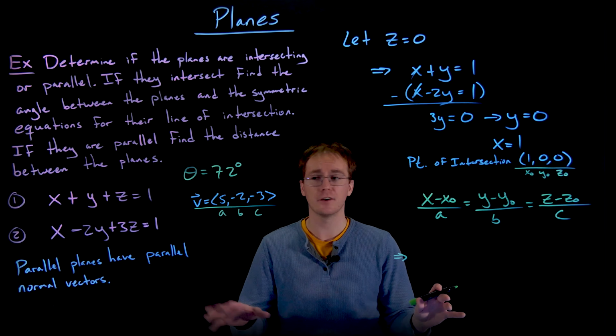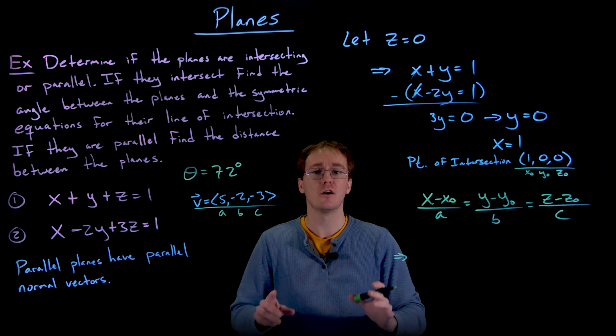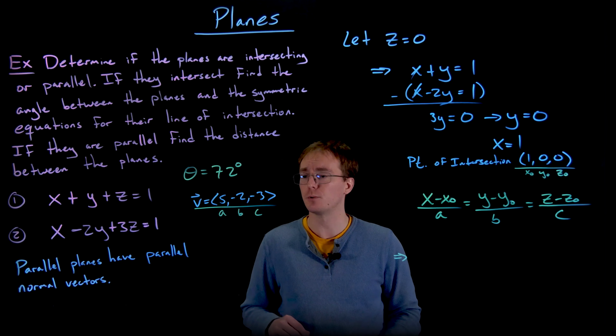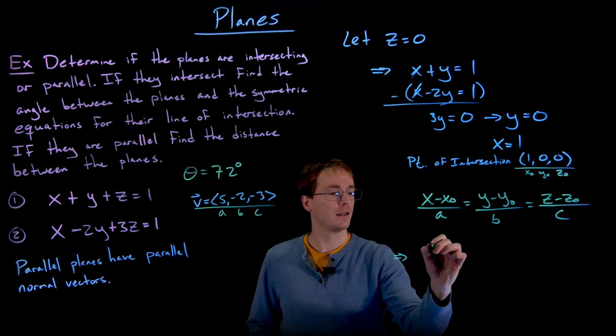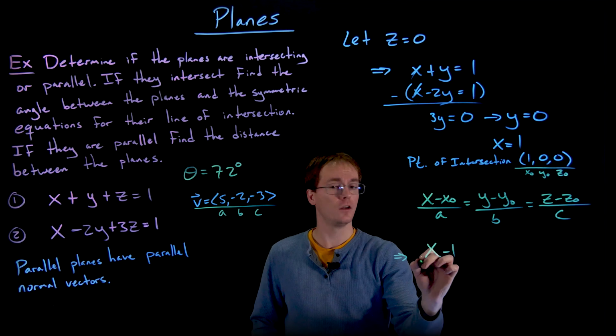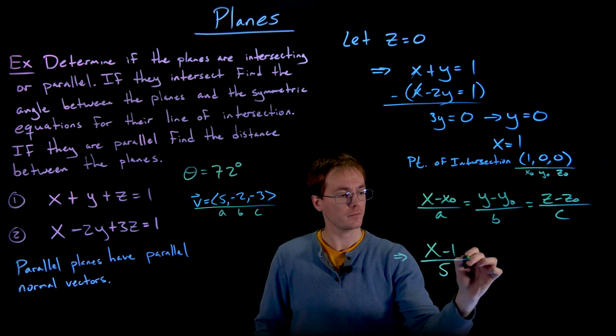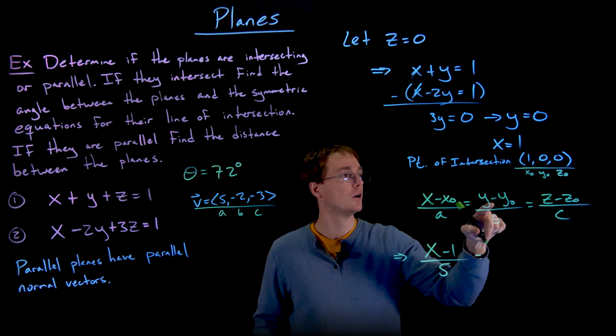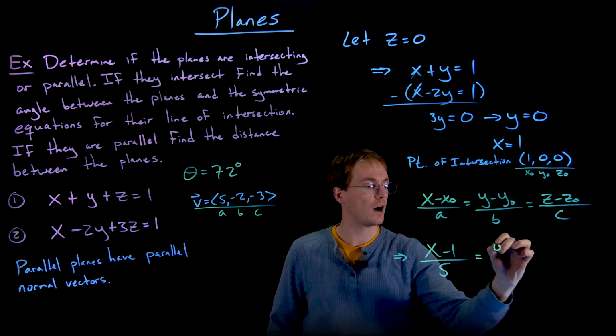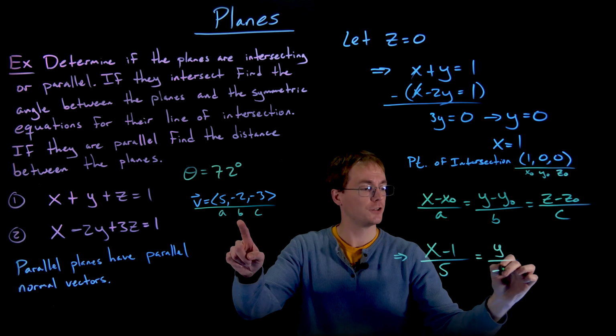So putting that all together, we see the symmetric equations for this line of intersection between these two planes is going to look like x minus 1 over 5 has to be equal to y minus 0, or just y, divided by -2.